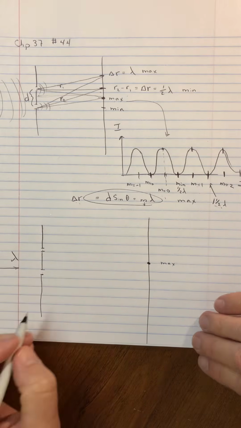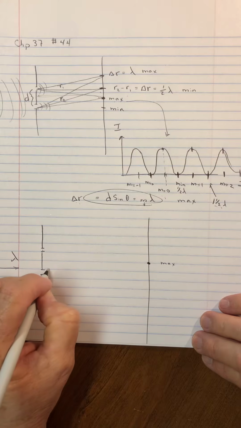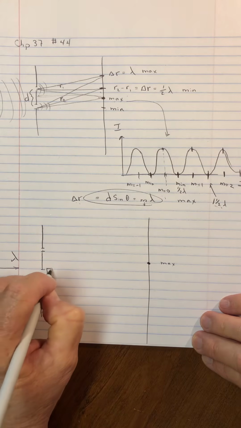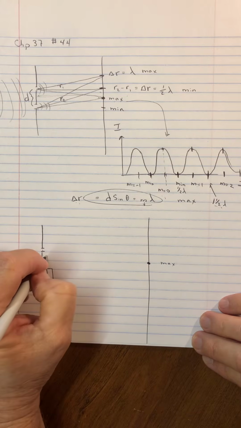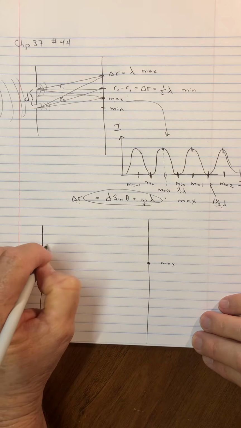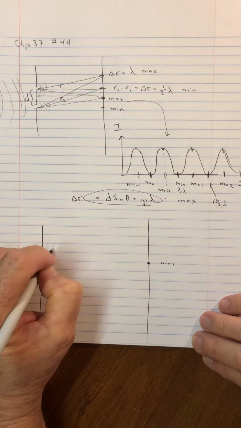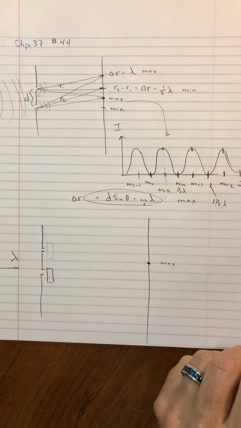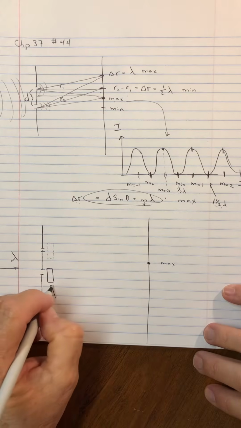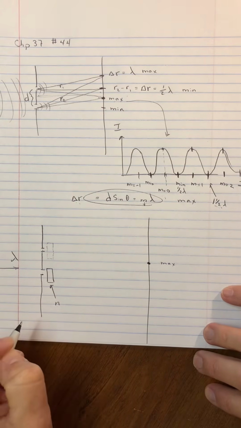I'm just going to highlight the slits here. But let me put a piece of plexiglass here. And then for a comparison, let me put the same physical space, but there's nothing there.